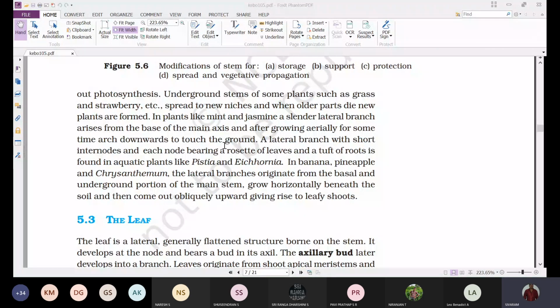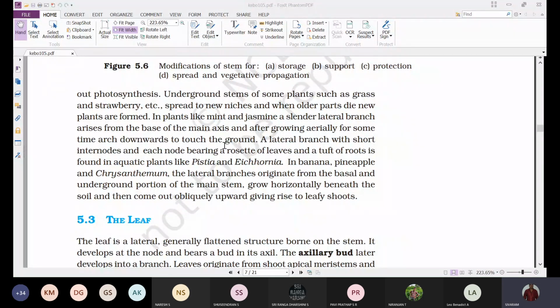Offset. What does offset mean? A lateral branch with short internodes, each node bearing a rosette of leaves and a tuft of roots, is found in aquatic plants like Pistia and Eichhornia.